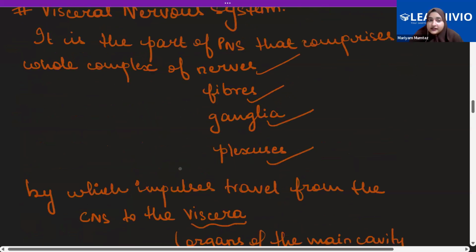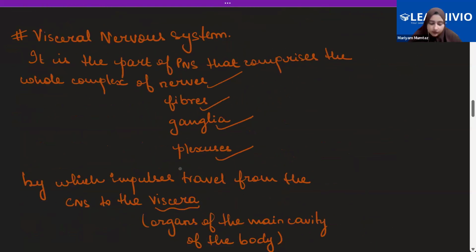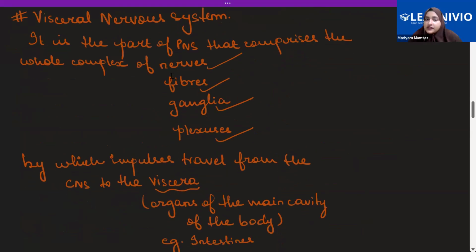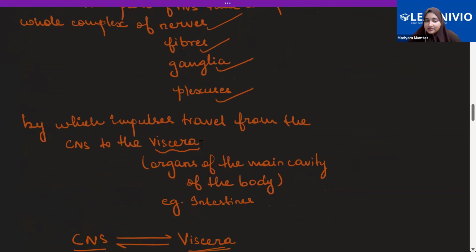Then we have one more kind of nervous system. All of that is a part of our whole entire nervous system, only various parts that act according to the various needs. So this visceral nervous system is a part of the peripheral nervous system, which comprises the complex of nerves, fibers, ganglia, plexuses, and mainly they send the information, or the signal, from the central nervous system, that is the brain, to the viscera, that is mainly the organs of the body cavity, like the intestine, like the stomach.